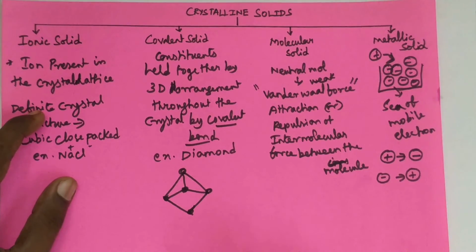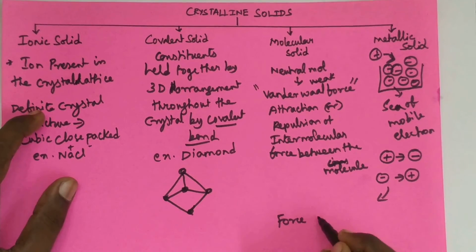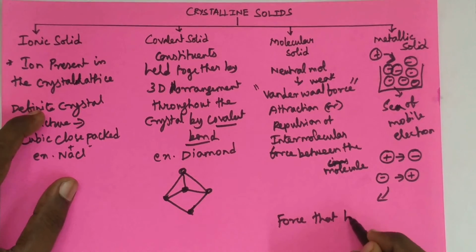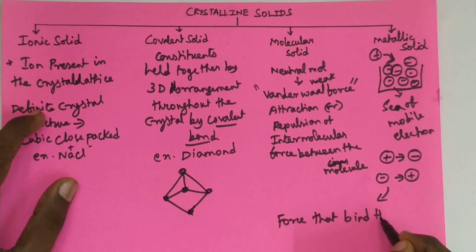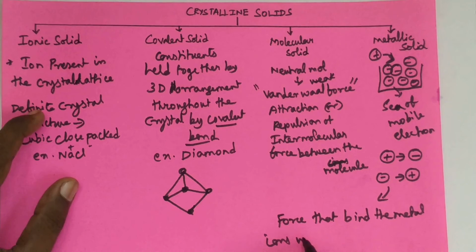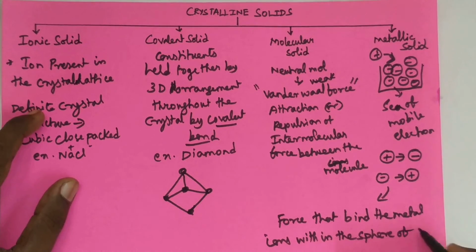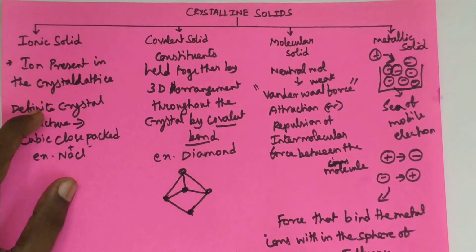So what is a metallic solid? Metallic solid means the force that binds the metal ions within the sphere of influence is called a metallic solid.